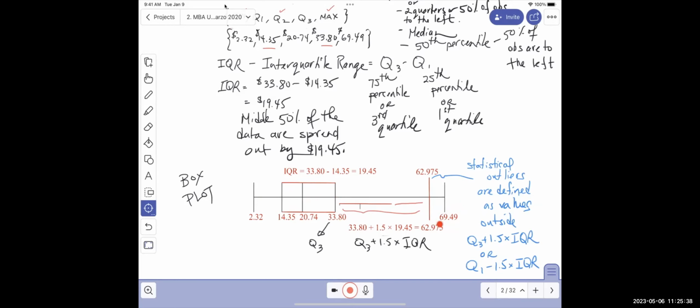So there are actually 3 values. Not all of the values that are higher are considered outliers. So let's go back to the data and see.